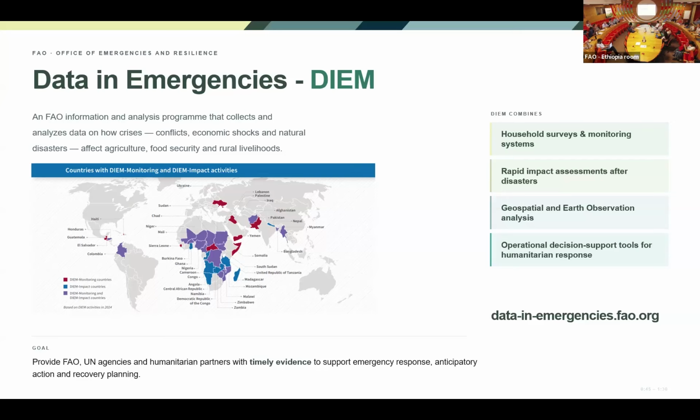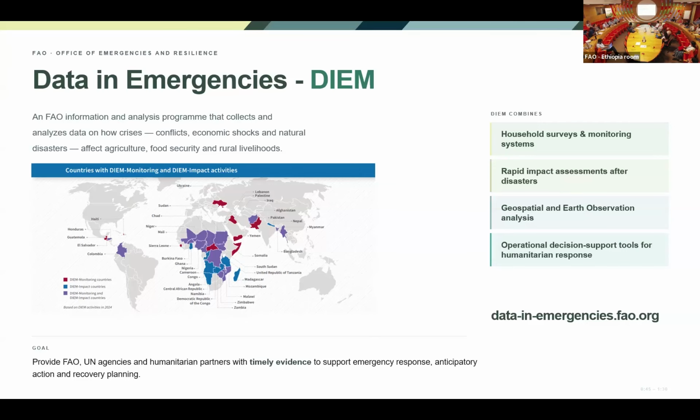We have different means, different channels, different pillars. Probably the core of our activity is a household monitoring system that is operational in quite a large number of countries. But we also perform rapid impact assessments after major disasters. We run geospatial and EO analysis, and we develop and maintain operational decision support tools for humanitarian response.